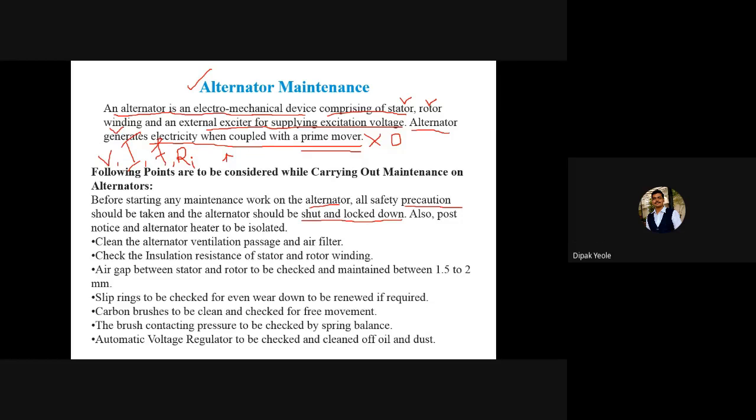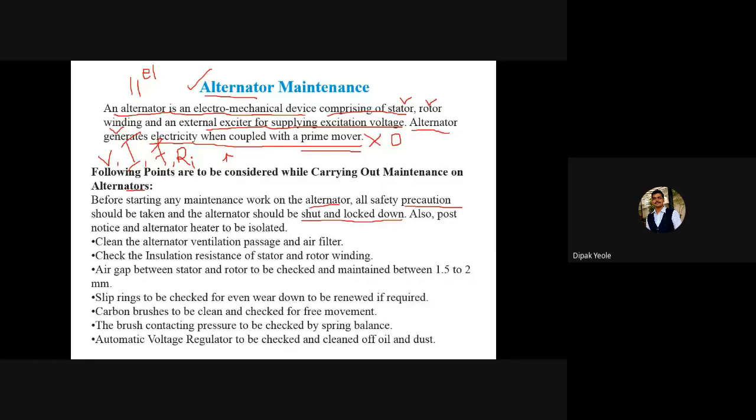Now you are going to think, sir, whenever we carry out the maintenance, our alternator is in the condition of shutdown and lockout, then what about the generation of electricity? There is a parallel system available in the case of alternators, and all the generators, or all the alternators, are operated in parallel operation. तुम्हाला कदाचित एक्सपेरिमेंट आहे वाटतं इलेक्ट्रिकल मशीन्स मध्ये.